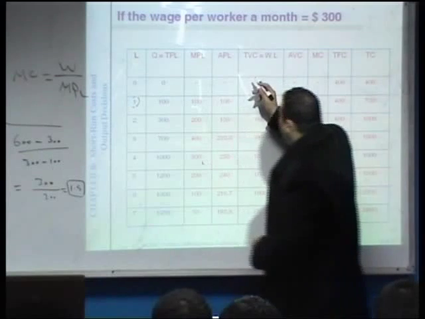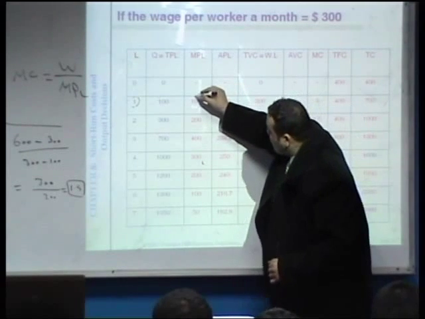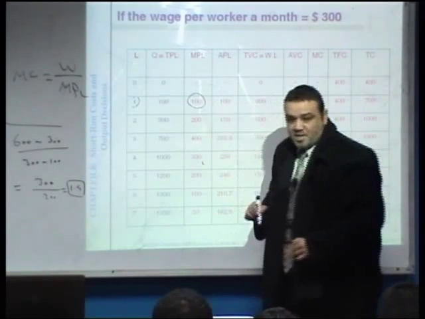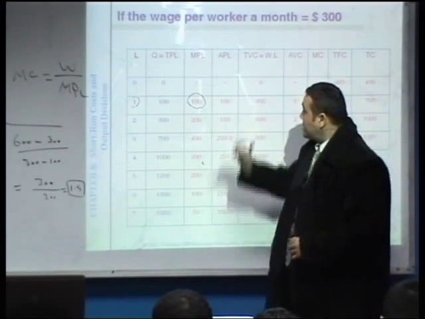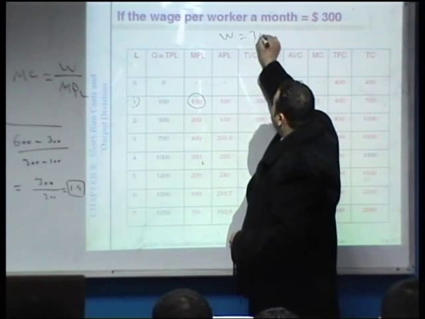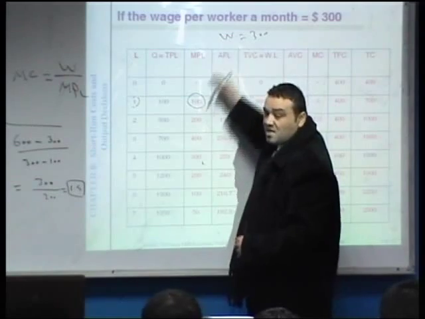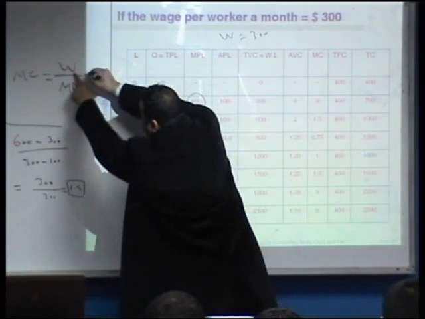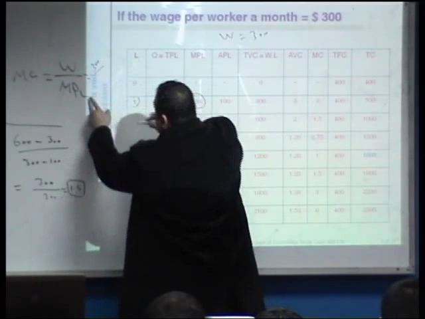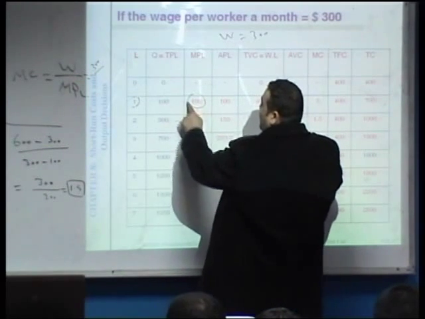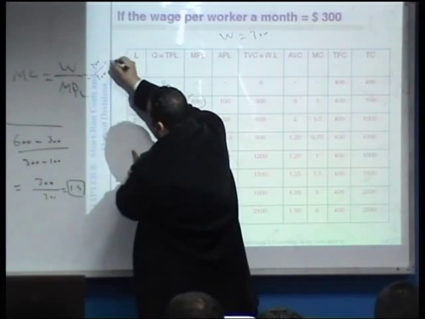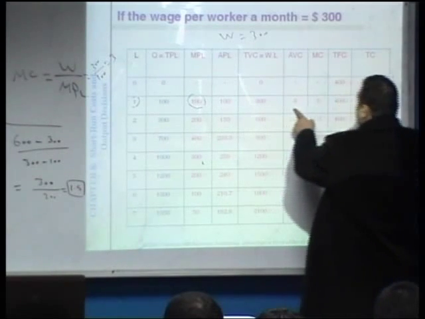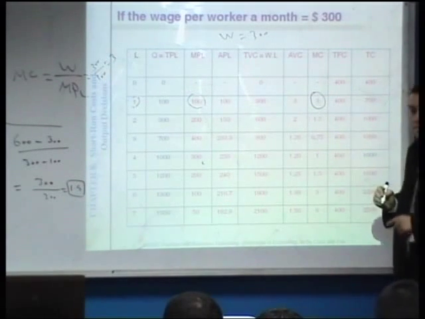Yes, as we mentioned, we already calculated MPL, right? And the wage equals 300. So how much is the marginal cost? Marginal cost in this case equals W, which is 300, over MPL, which is 100, equals 3. How much is MC? 3.